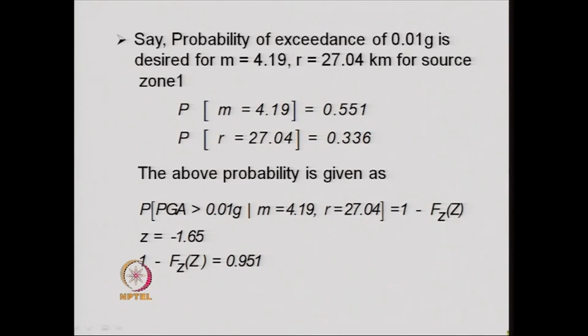So we see that the calculation follows like this. First we find out the probability of occurrence of a certain magnitude of earthquake from the equation that is given for source 1.